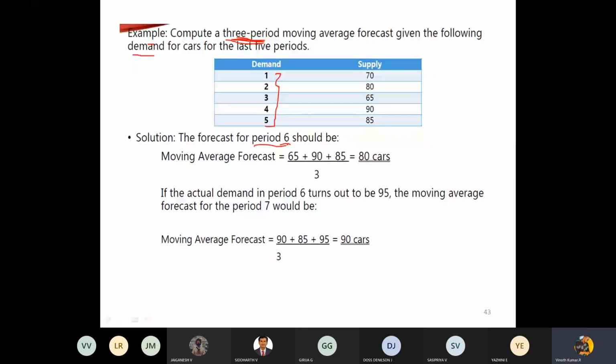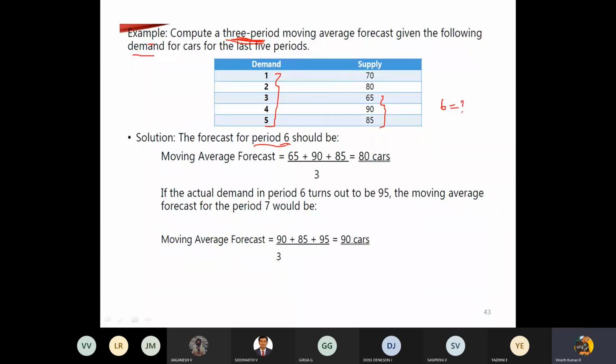Moving average forecast. What is the procedure we are using? You are going to take the last three values. It is 65 plus 90 plus 85. Why are we taking the last three periods? Because we are going to calculate the demand for period 6, right?